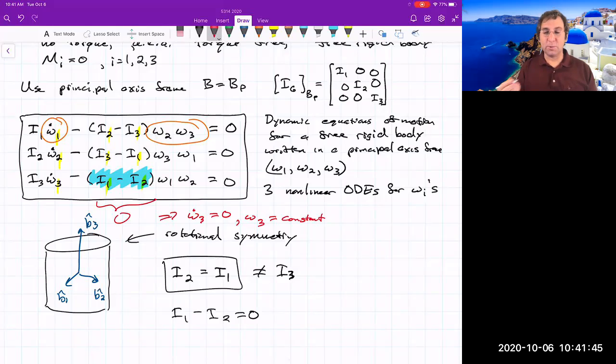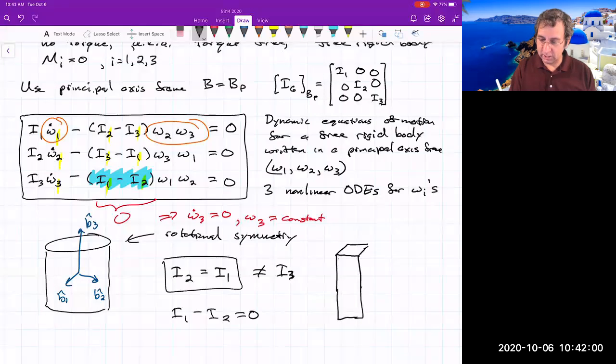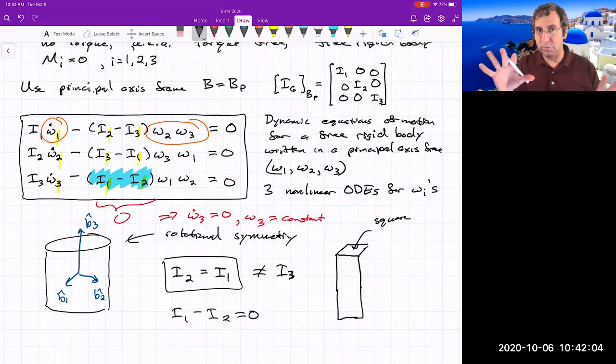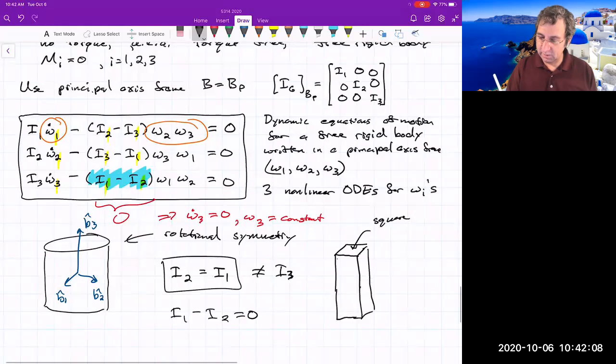And you don't necessarily need rotational symmetry. If you have a block that has a square cross section, I'll try to draw. Here's a block, kind of elongated. And if it had a square cross section up here, and I'm assuming these have uniform density, that's why all that matters is the geometry.